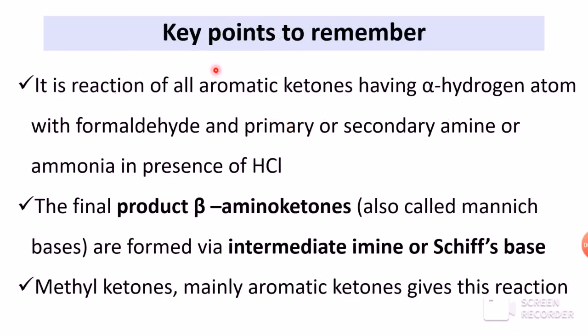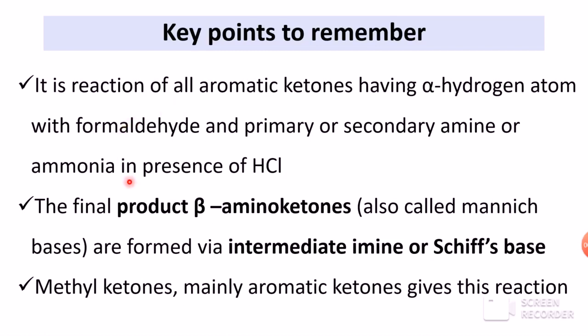So let's see some key points to remember the Mannich reaction. The Mannich reaction is the reaction of an aromatic ketone with alpha hydrogen with formaldehyde and a primary or secondary amine or ammonia in the presence of HCl.